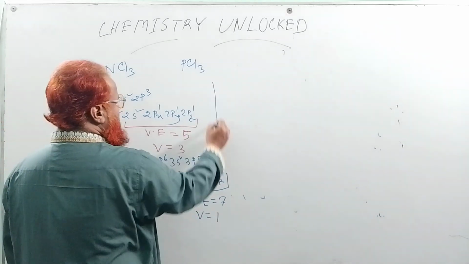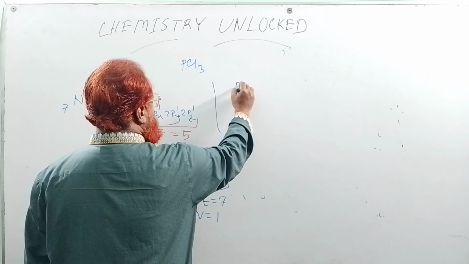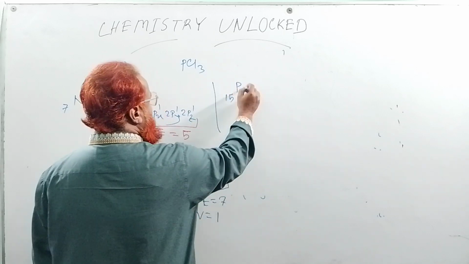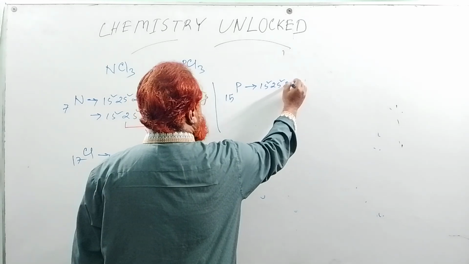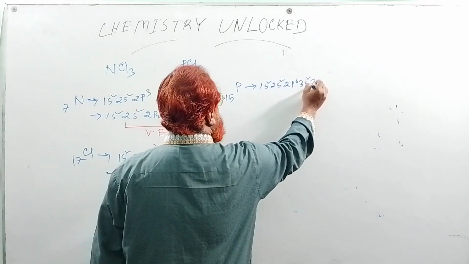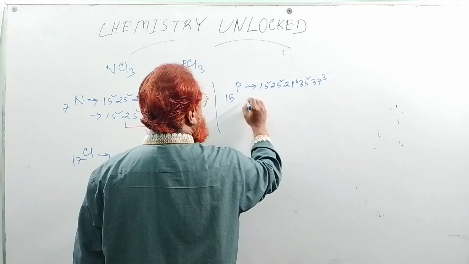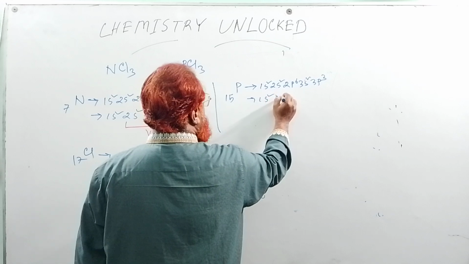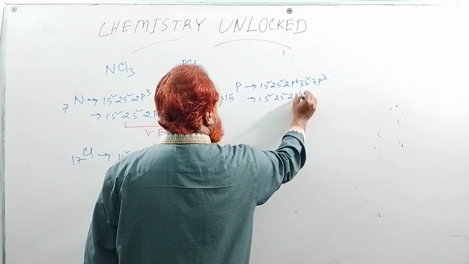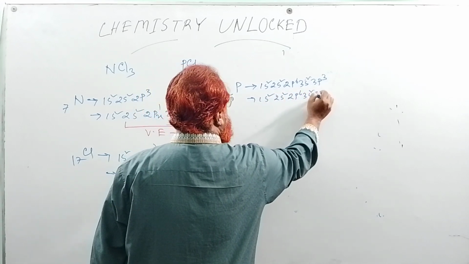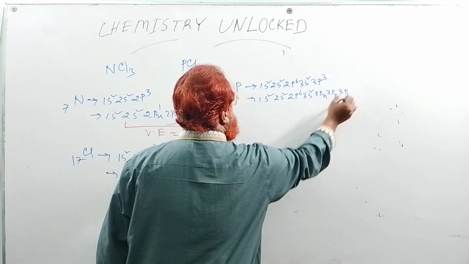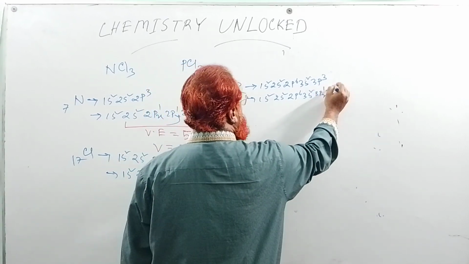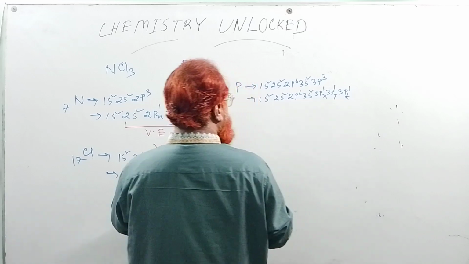Now go to the phosphorus: 1s2, 2s2, 2p6, 3s2 and 3p3. 3px, 3py, 3pz, 1, 1 and 1.